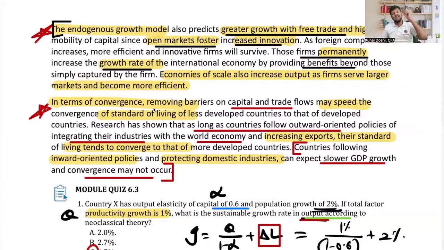So they say that there can be a permanent growth rate if there is substantial investment in technology. Okay, that is basically capital moving into technology growth. In terms of convergence, removing the barriers will benefit, right? It will increase capital movement, it will speed up the growth rate and the standard of living of the developing nations. Clear?